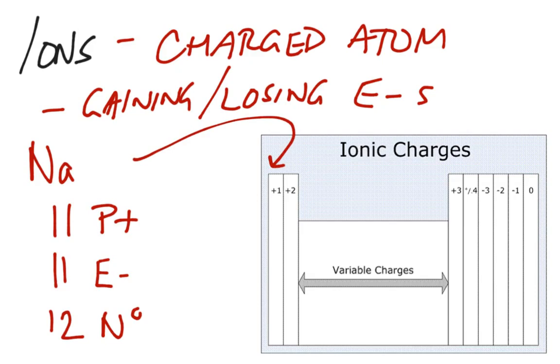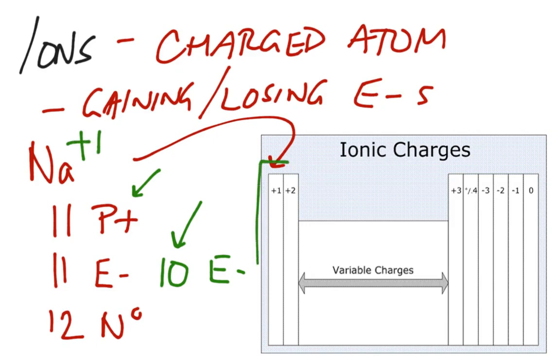So when sodium loses 1 electron, it changes to 10 electrons. In that case, we have 11 positive charges and 10 negative charges. Therefore, the overall charge that sodium will take will not be Na even, it'll be Na with a +1 charge.